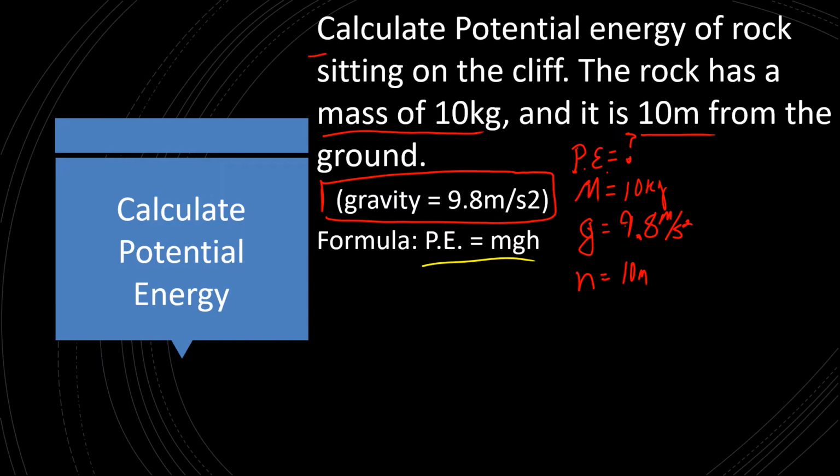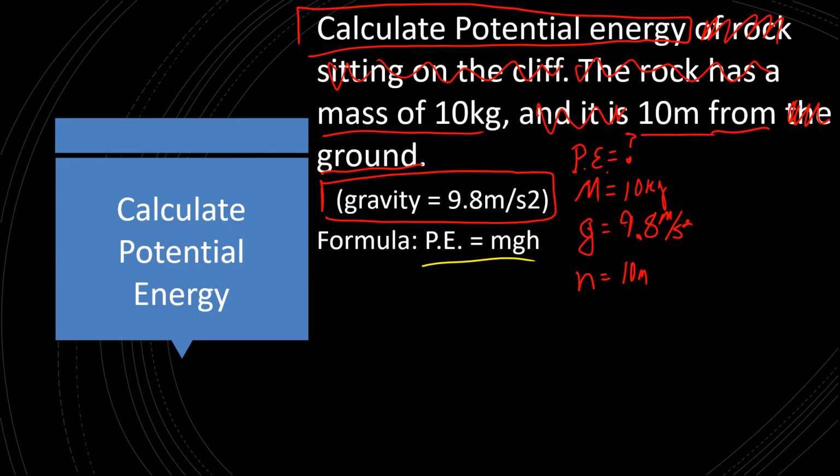We kind of knew that since it was asking us to calculate potential energy. Really, that's all we need to know: calculate potential energy, mass of 10 kilograms, 10 meters from the ground. So let's do that.